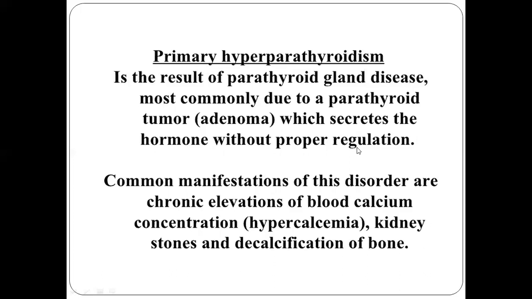Increased amounts are produced by the parathyroid gland, and due to the increased PTH and calcium in the blood, hypercalcemia will occur and kidney stones will form. Decalcification of the bone leads to brittle bones and increased fractures in a patient.